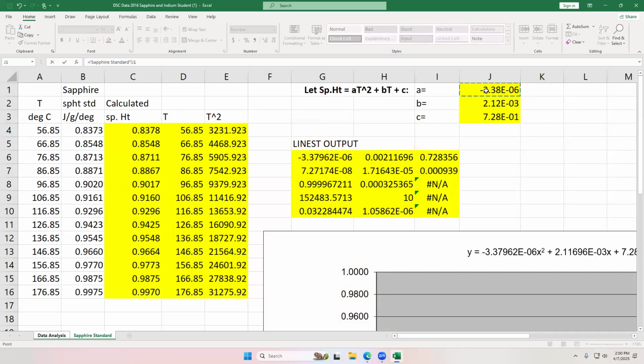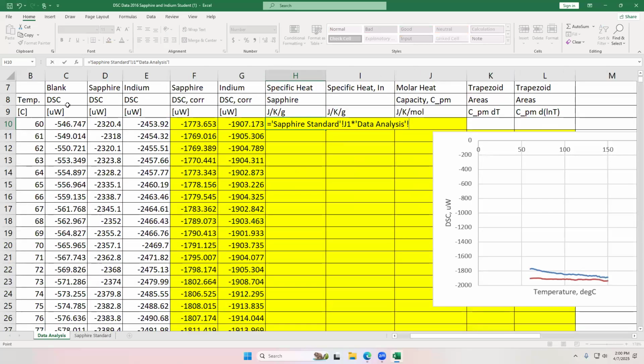And then hit times, asterisk, and then go back to data analysis, times 60 squared, right? B10 squared. See what I did there? So it's the sapphire standard sheet J1 times the data analysis sheet B10, right?